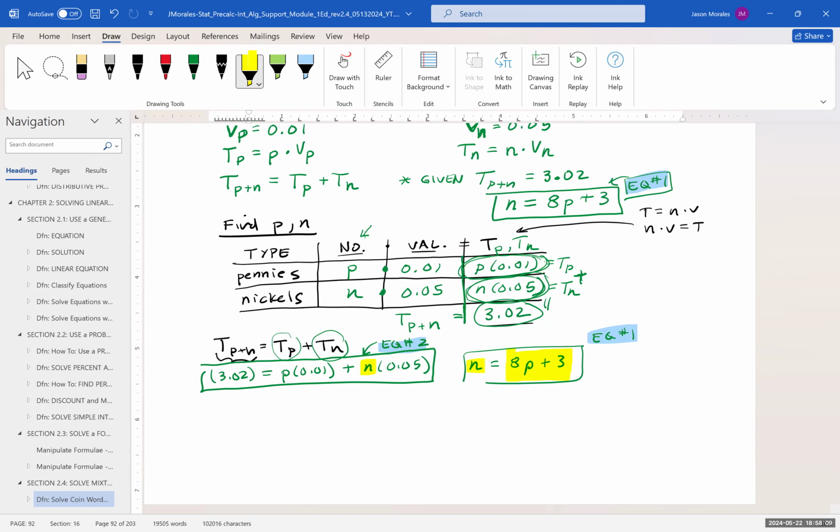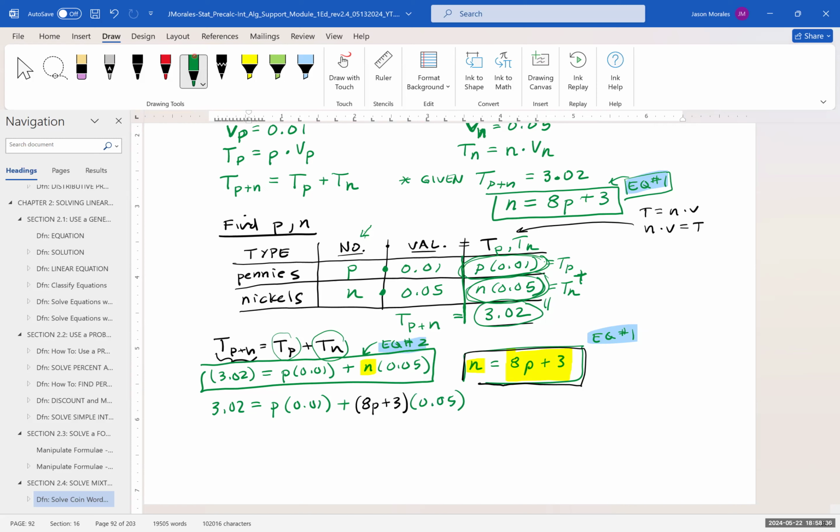And let's see what that looks like when we actually do it. So here we've got $3.02 is equal to P times 0.01 plus, I'm going to put this substituted expression in for N, 8P plus 3 times 0.05.